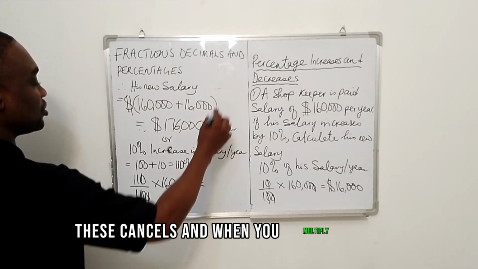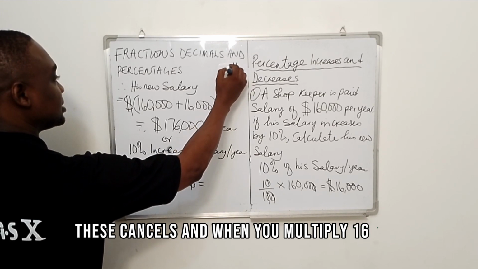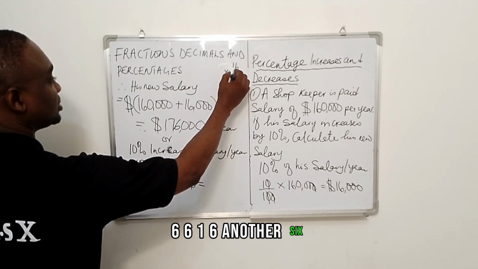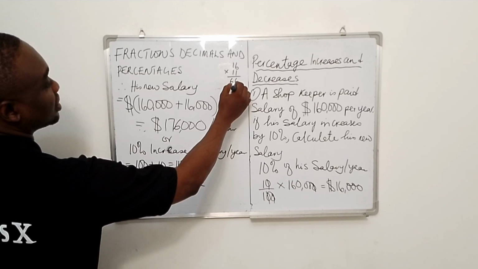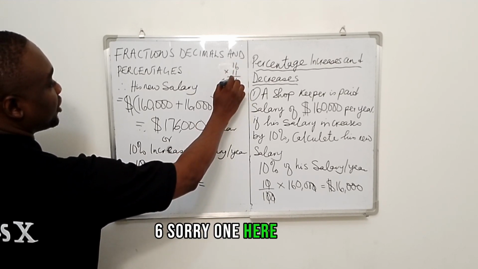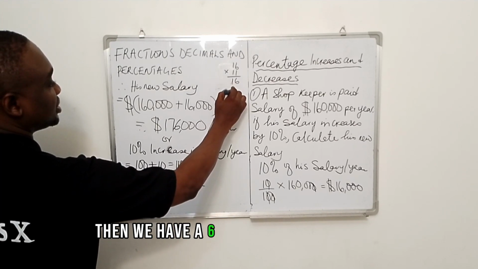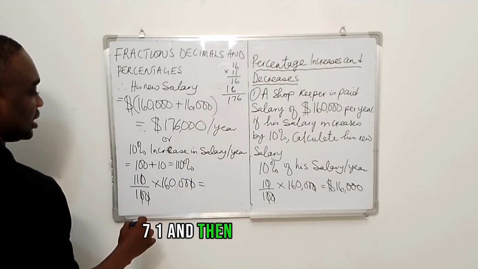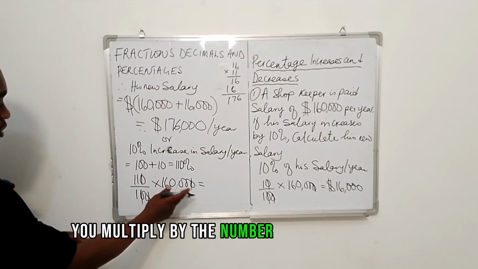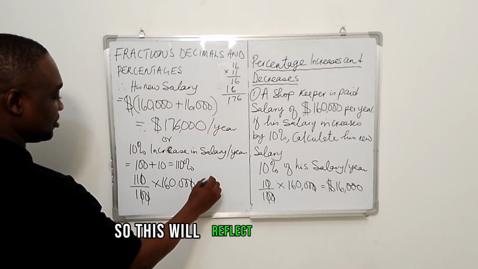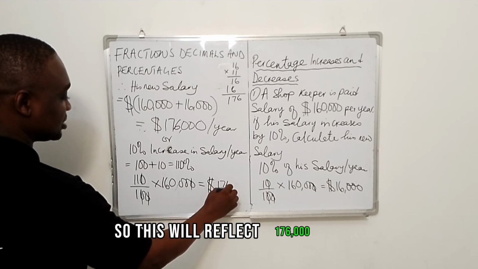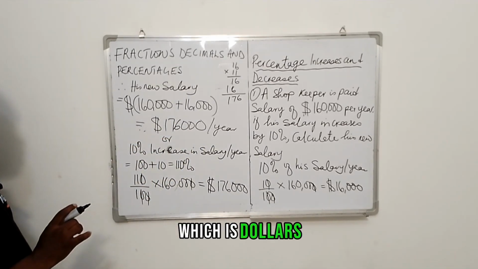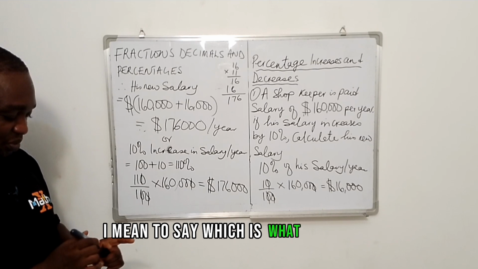And when you multiply 16 times 11, you have 176. And then of course you add the number of zeros you have, so this will reflect $176,000, which is what I just got.